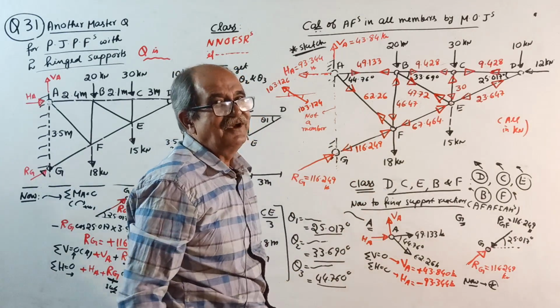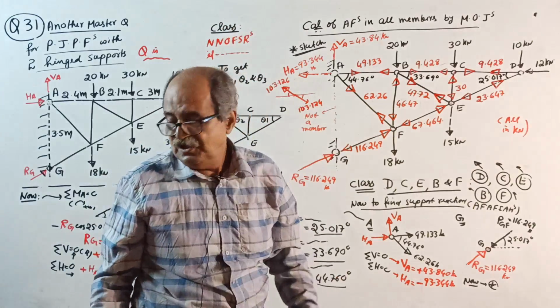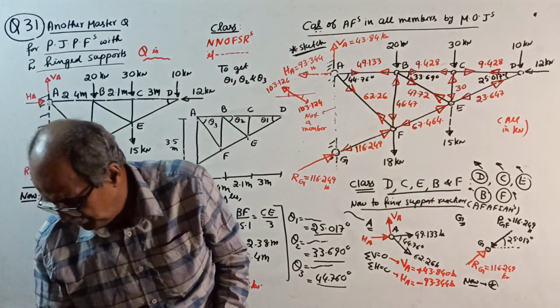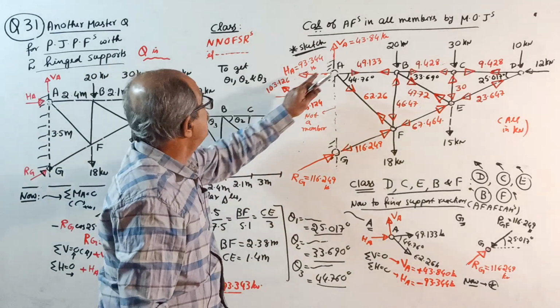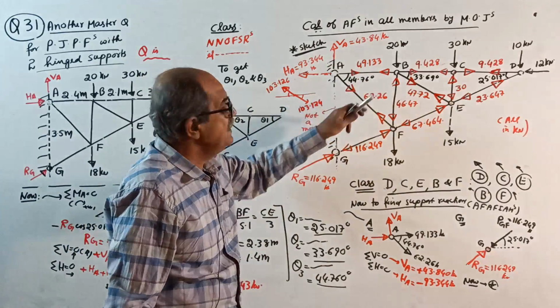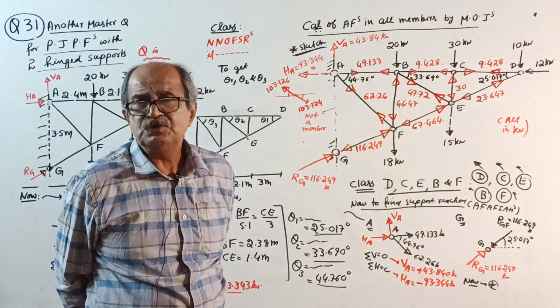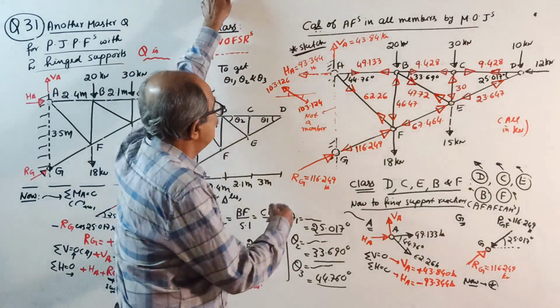Same answer. I have not calculated; you calculate, it will come. Resultant for a two concurrent force system: if one is horizontal and one is vertical, directly root of V square plus H square. But if both are inclined, it means root of P1 square plus P2 square plus 2 P1 P2 into cos theta. Okay, that is all extra information.